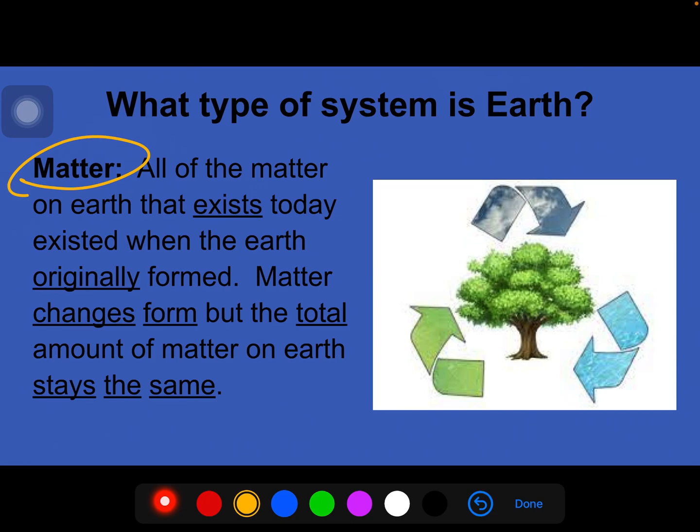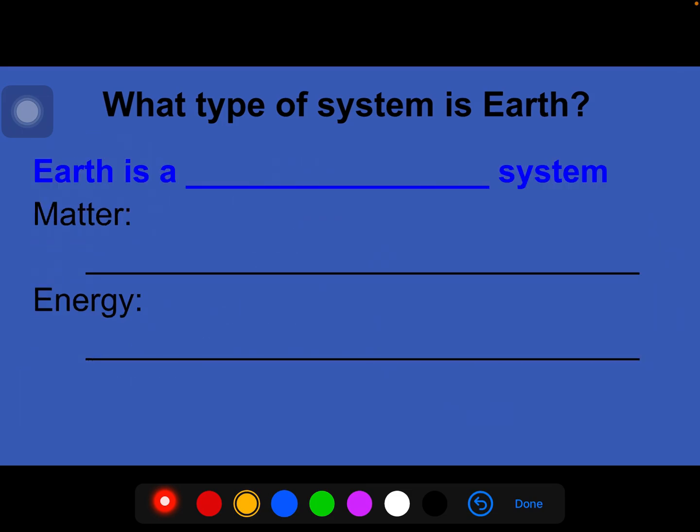It's not leaving, it's not coming, it's just becoming something else. The total amount of matter on Earth has and always will stay the same. So when we think about Earth, our characteristics of matter, we know no matter comes and goes.